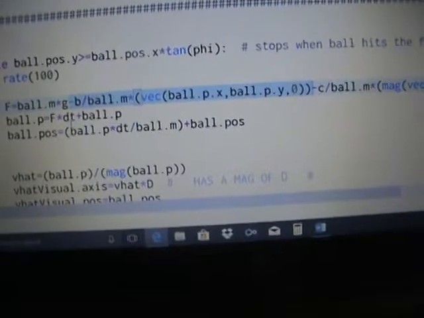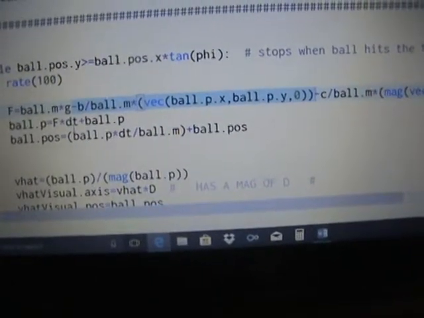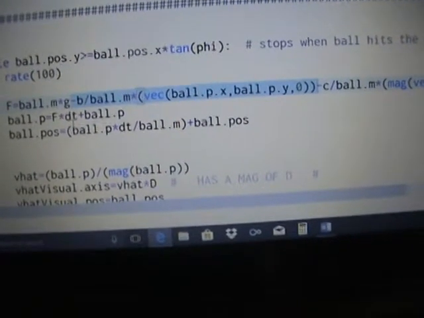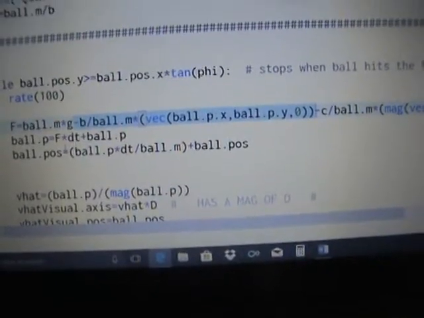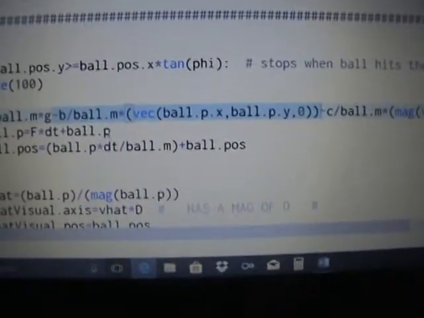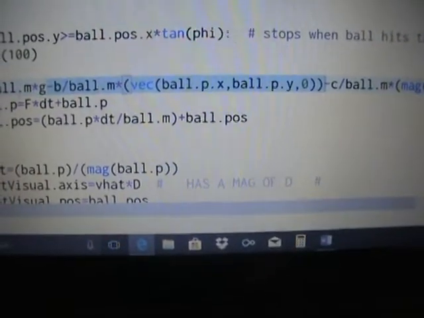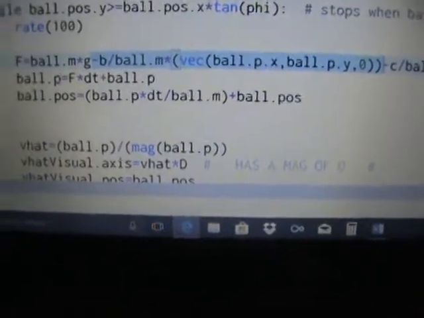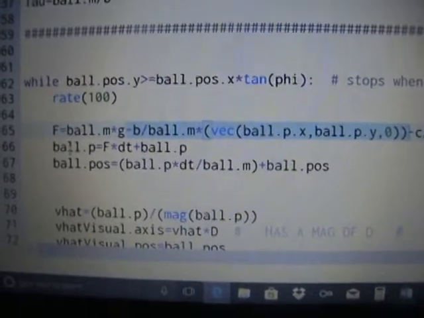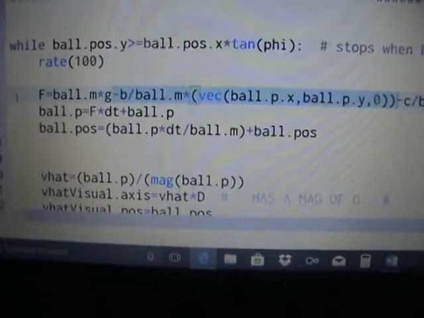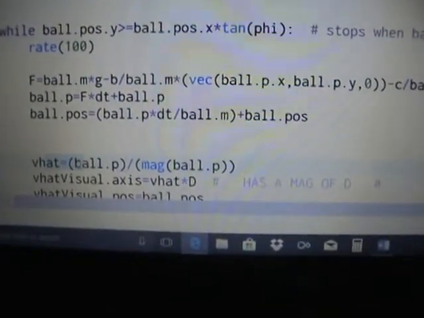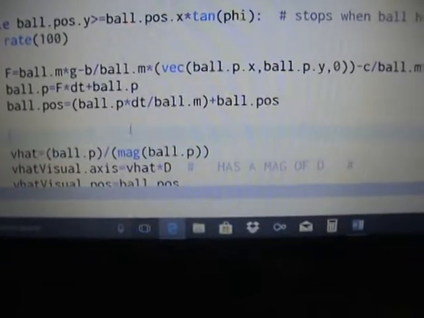Force times time is change in momentum, or force times change in time is change in momentum, plus the original momentum. This is not algebra. This simply takes everything to the right, calculates it, and then assigns it to ball.p, which is the momentum.